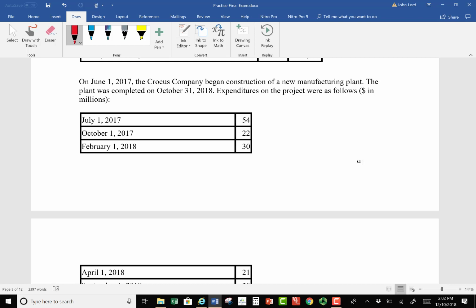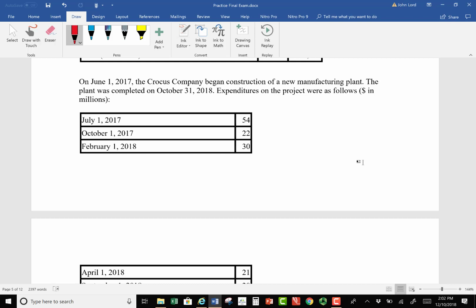To figure out the amount of interest that is capitalized, we will have to take the interest rate that is relevant to the specific borrowing and apply that interest rate to the weighted average of accumulated expenditures, right? That will be the amount of interest that gets capitalized unless it is more than the actual interest expenditures, right?